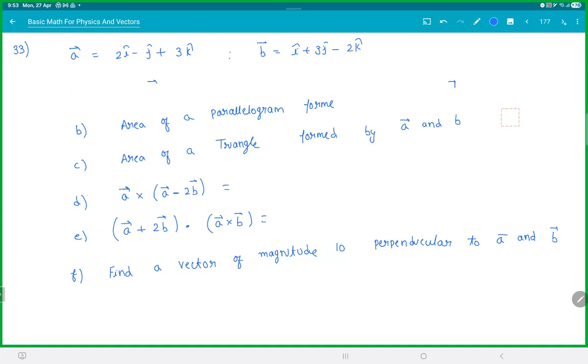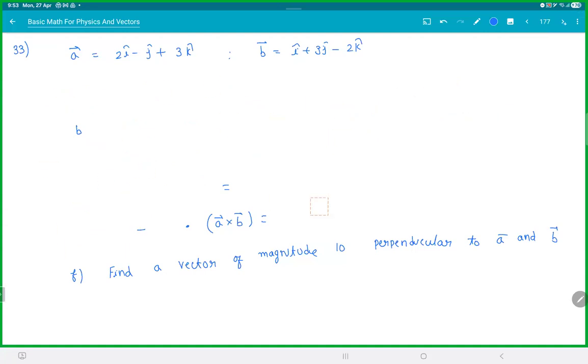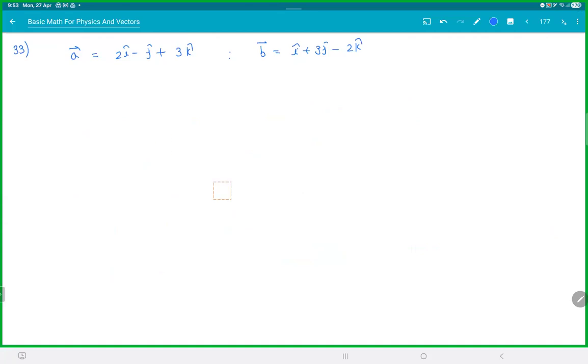So you want A cross B bar. I cap, J cap, K cap, 2, -1, 3 should keep the C. Since A is coming first, you should put A ka coefficients first.